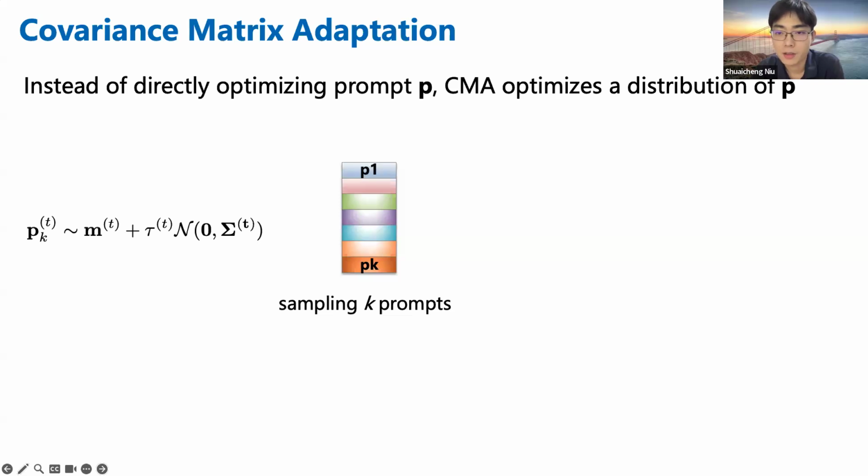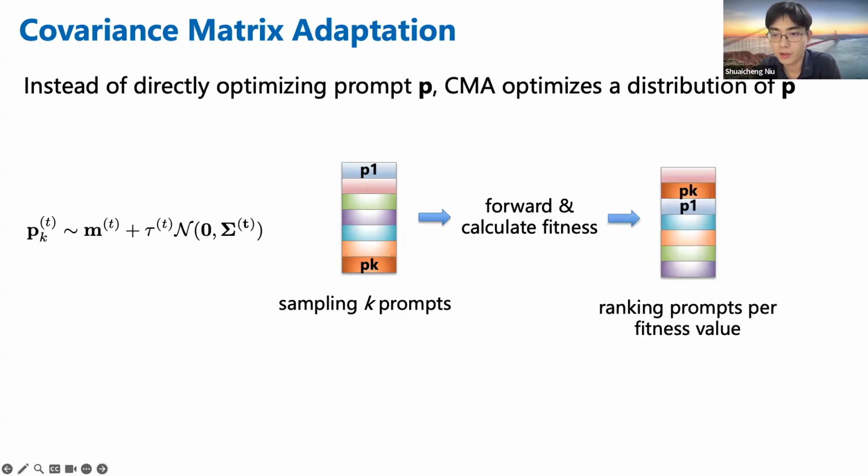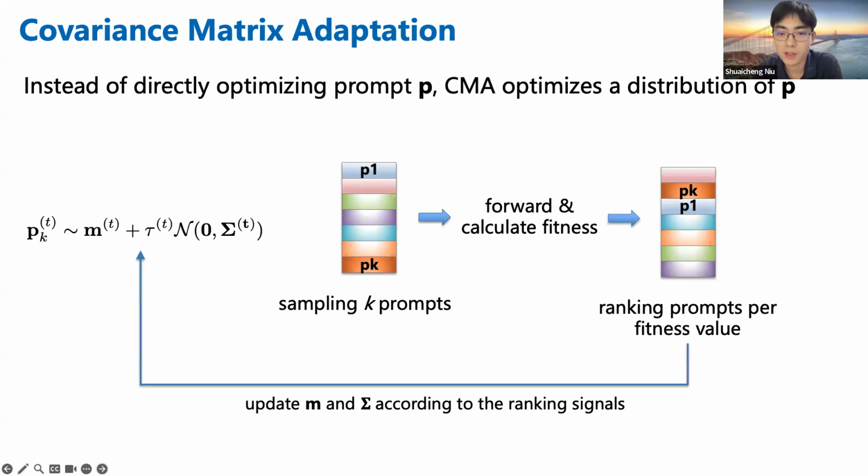Next, given the potentially shifted test data, we perform forward passes with each prompt and rank different prompts according to the fitness value introduced previously. Then CMA will update the estimated distribution according to the ranking information of the prompts. The detailed update strategy is relatively complex, and I do not clearly introduce it here. Please also refer to the original paper if you are interested.